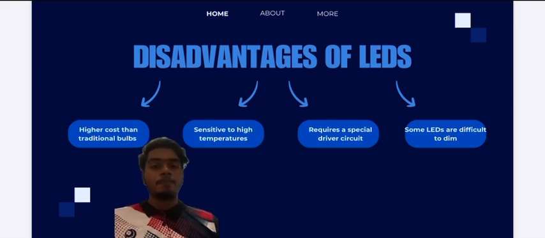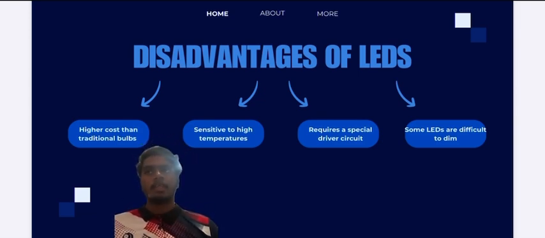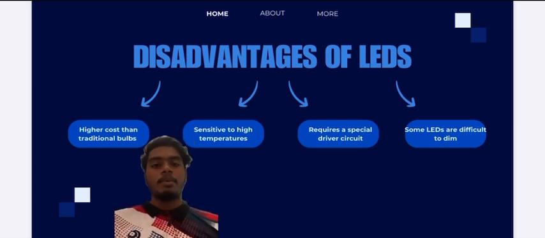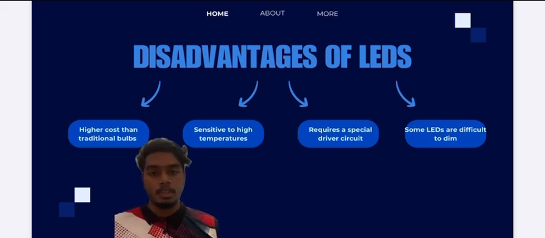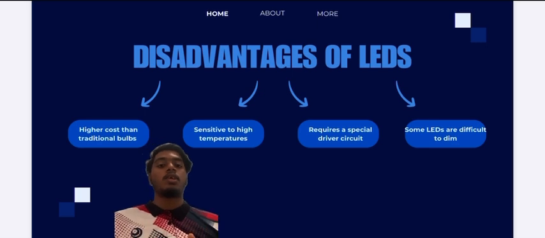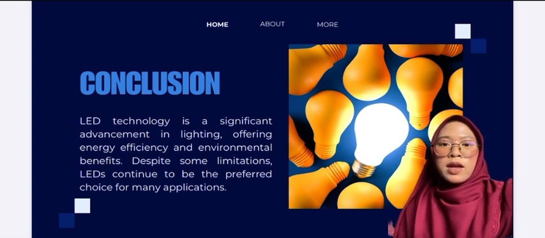So, in summary, LEDs are more expensive, can be affected by high temperatures, need special circuits to operate, and some cannot be dimmed easily. Despite these drawbacks, LEDs are still one of the best lighting solutions available today. Now that we have covered both the advantages and disadvantages, let's move on to the conclusion.